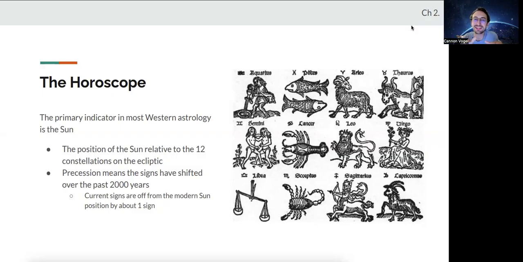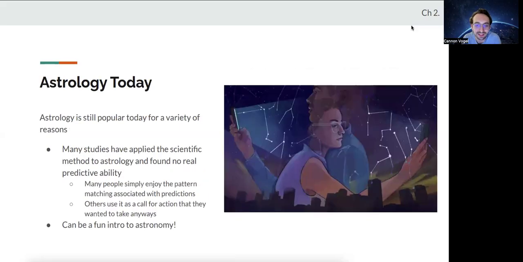Because the solar system is pretty flat, they also are mostly aligned with this ecliptic plane, so they can be positioned in reference to these same constellations. And putting all this together, you start to get the foundations of astrology as a method.